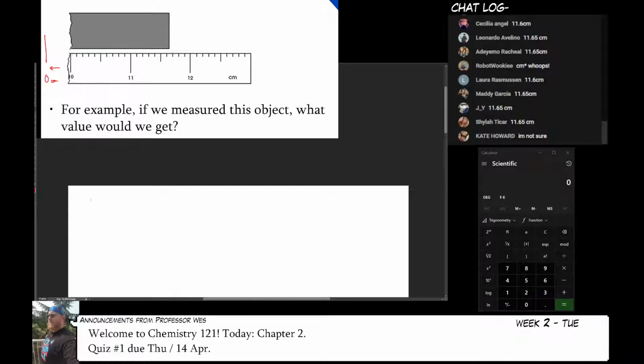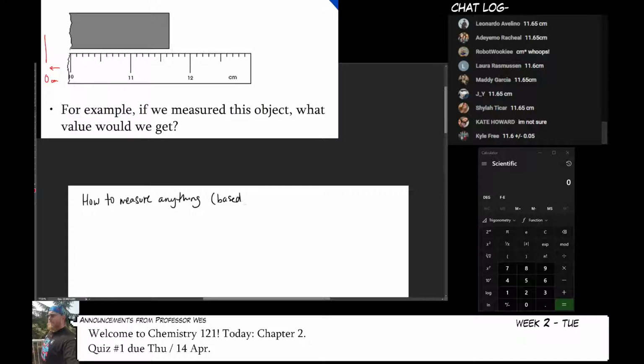If I don't clear the little selection tool, then it doesn't always let me write. There we go. Okay. So this is going to be based on the tool markings that are present on the tool that you have.